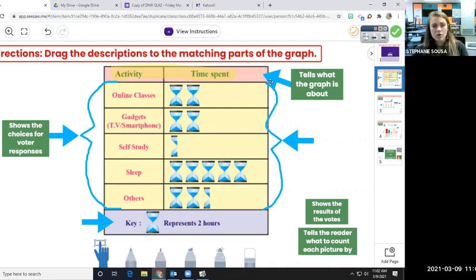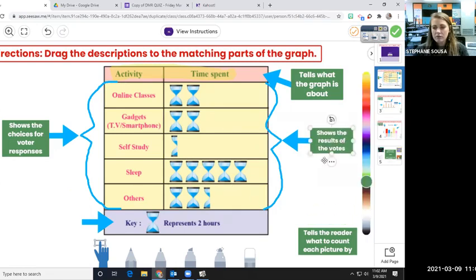Okay, moving around here, we have all of the pictures. We see that the key tells us that each hourglass represents 2 hours. These are all of the hourglasses. So this shows the results of the vote.